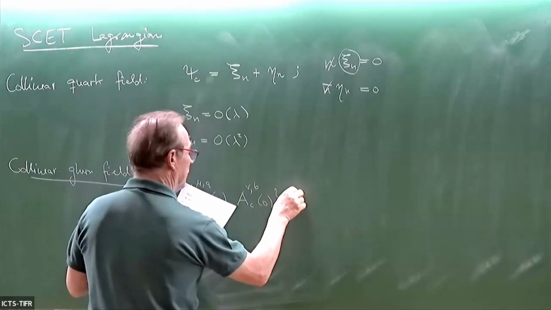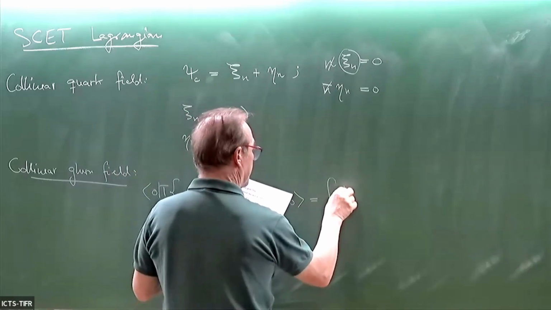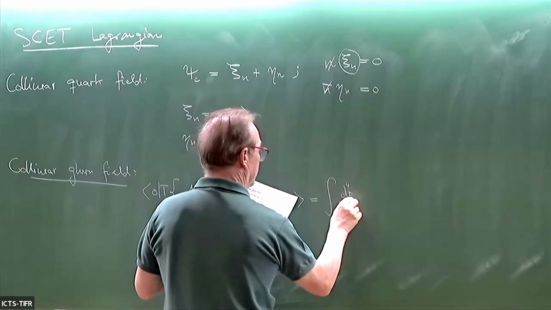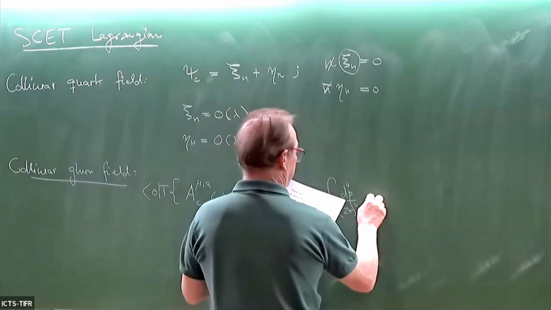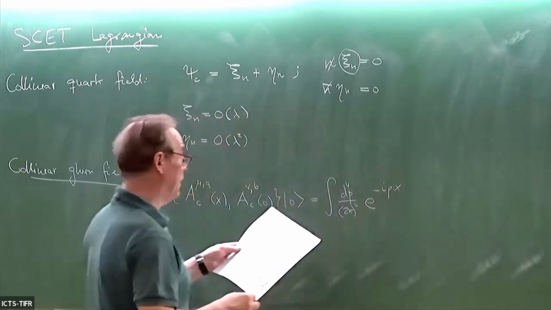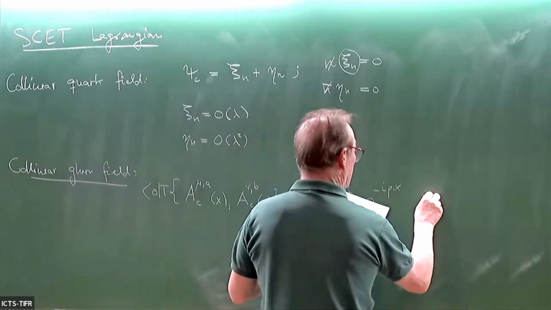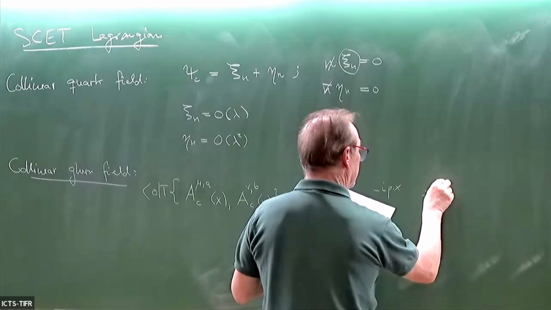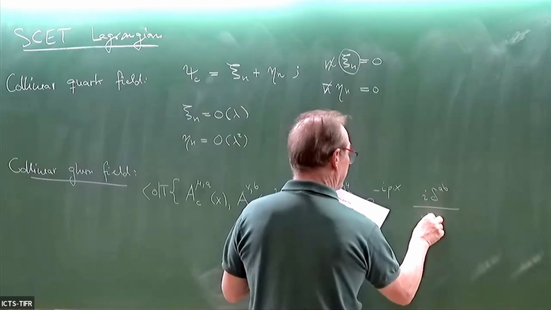This is just the momentum space propagator, d4p over 2 pi to the 4th. Sometimes I'm using p, sometimes k. It has absolutely no meaning. It's just random. What's the gluon propagator? Well, it's diagonal in color, 1 over p squared plus i epsilon.